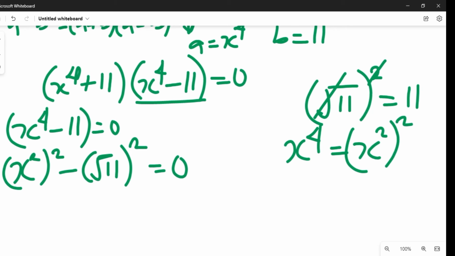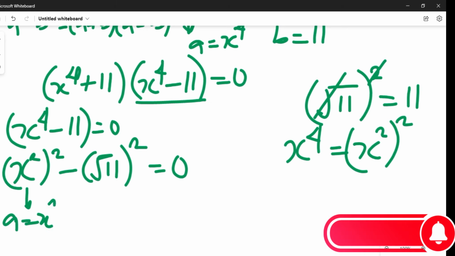Remember that algebraic formula, we're going to apply it here in such a way that our a now will be equal to x squared and our b will be equal to square root of 11.